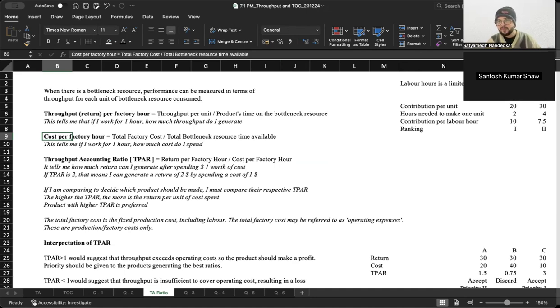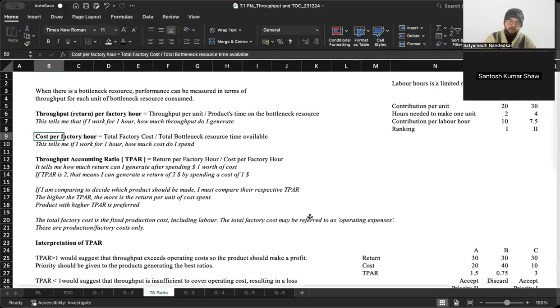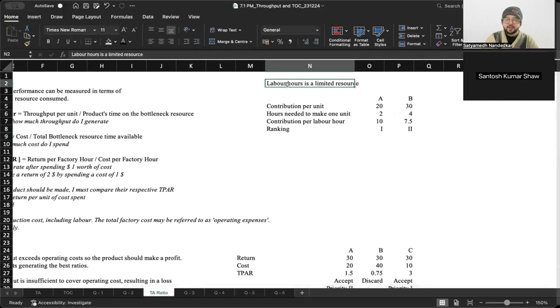Okay, let's discuss the meaning of each of these ratios in detail. So, for example, if labor is my limited resource, I don't have too many labor hours, labor time is limited. The contribution per unit for product A is 20 and for product B contribution per unit is 30. If I make 1 unit of A, I get 20.